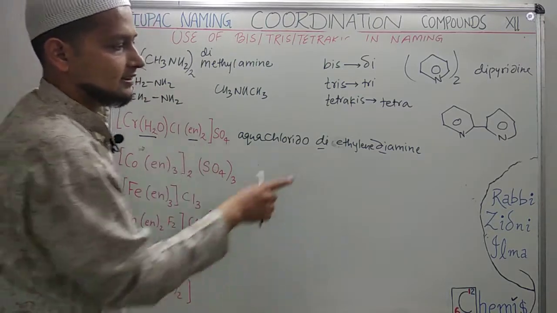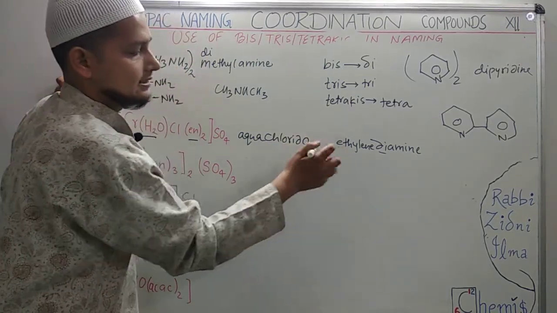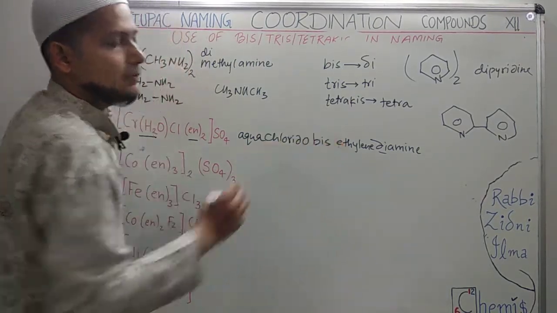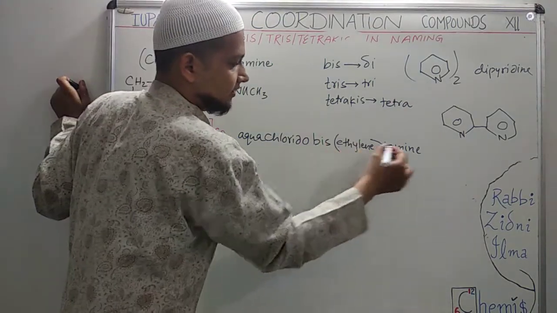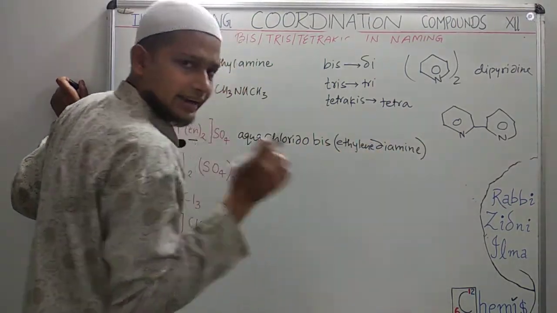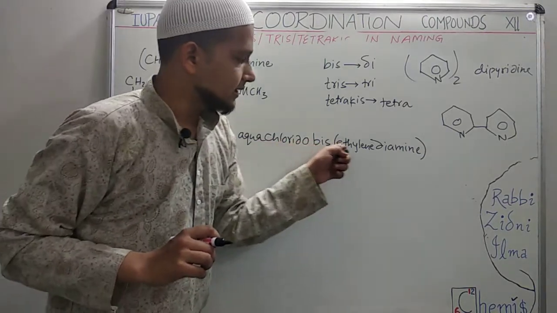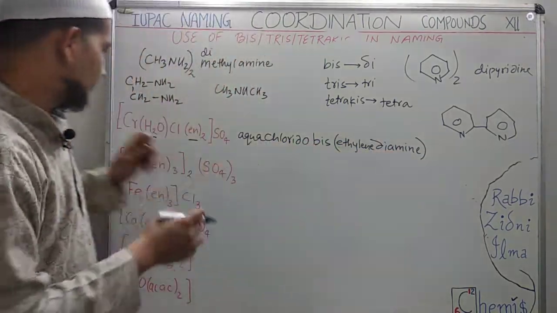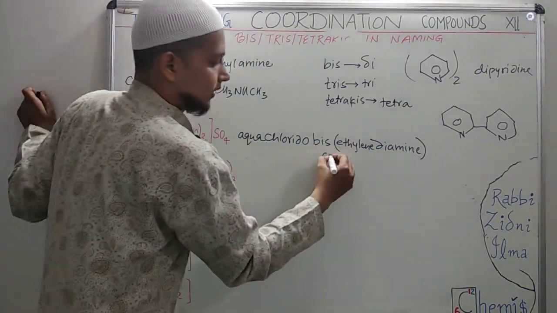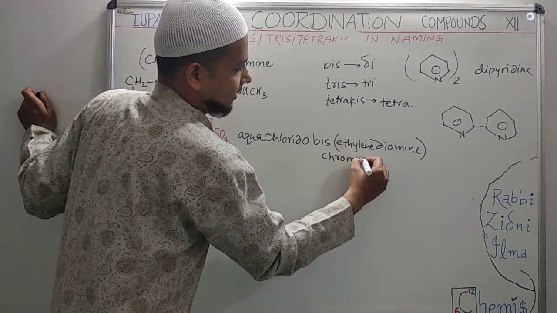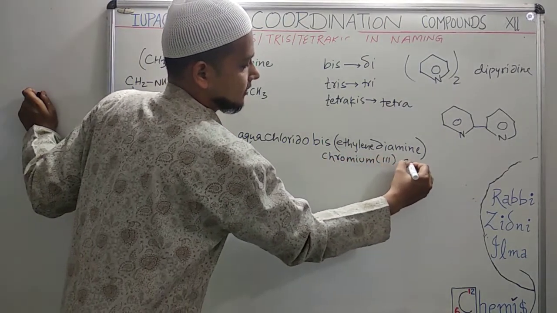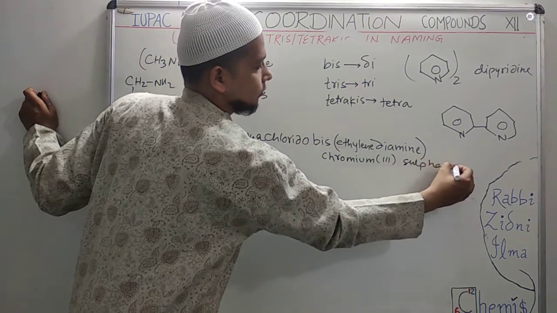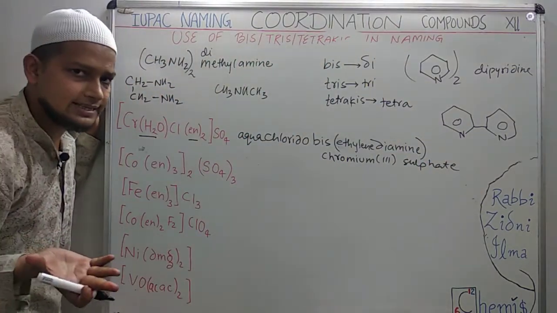So IUPAC suggests we will use bis in place of di, and the respective ligand will be written in a bracket. So aquachloridobis(ethylene diamine). Next up is this chromium. You can calculate the oxidation state. It will be 3 and the sulfate is present here also. So done. As simple as that.